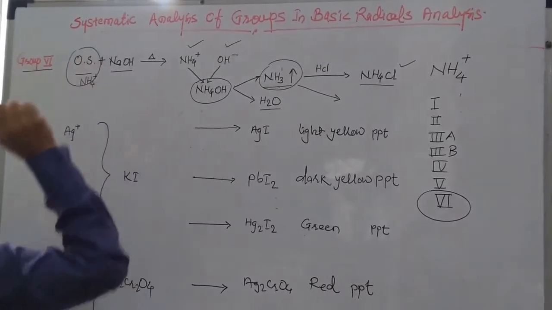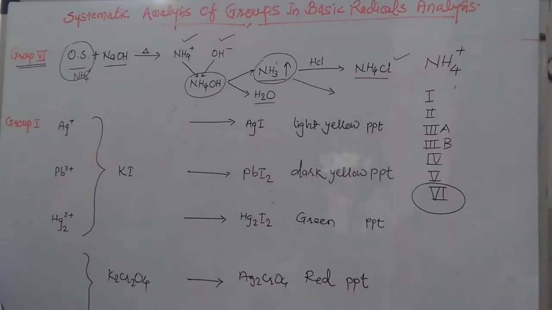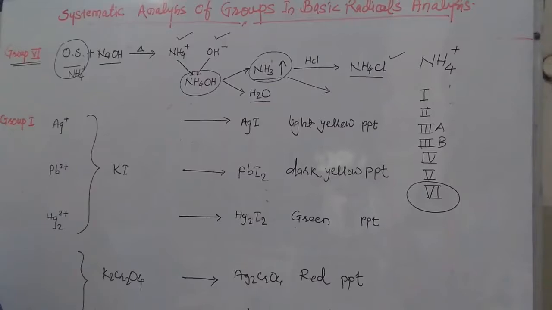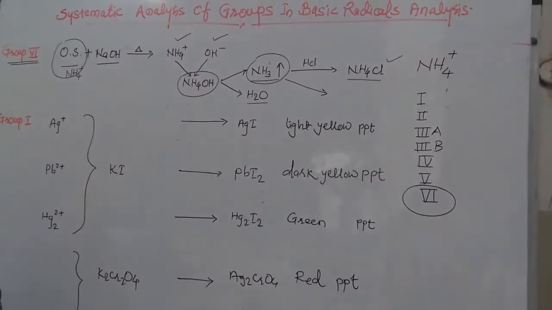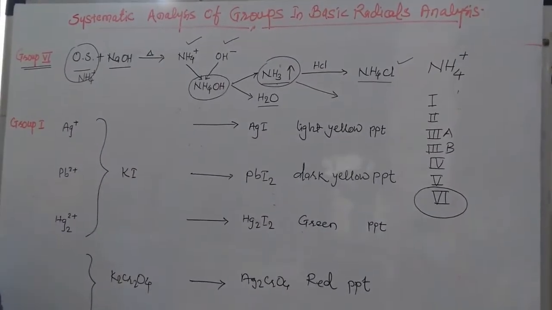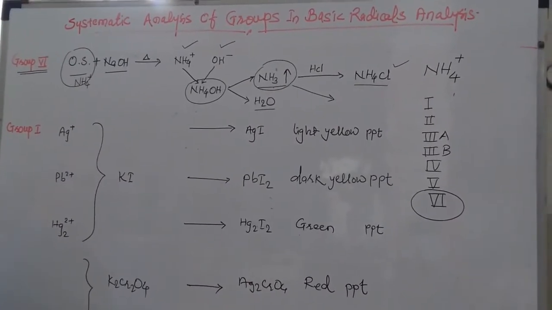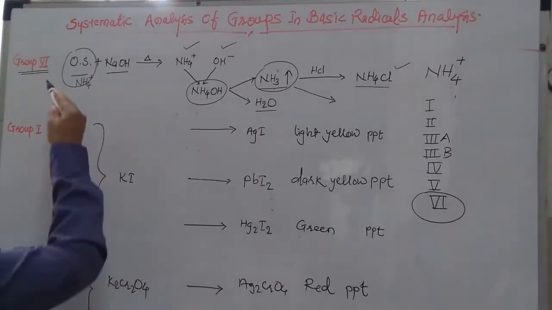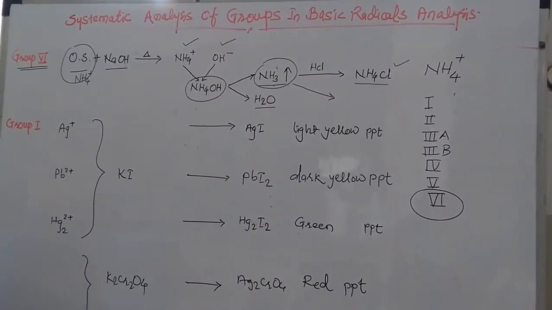In this way, analysis of group 6 is carried out in our syllabus. In group 6, only NH4 plus radical will be given. Actually, group 6 contains K plus radical also, but in the 12th standard syllabus, K plus, that is the potassium radical, is not given. Therefore group 6 contains NH4 plus radical, and it is detected using the NaOH test.